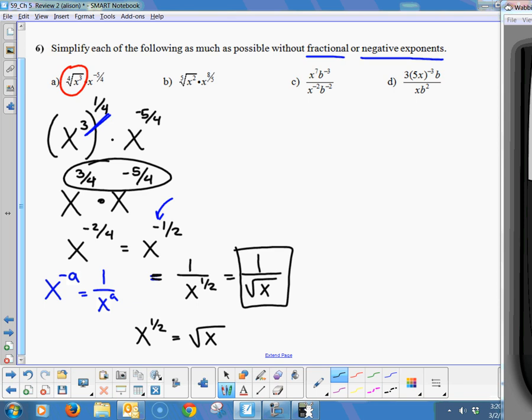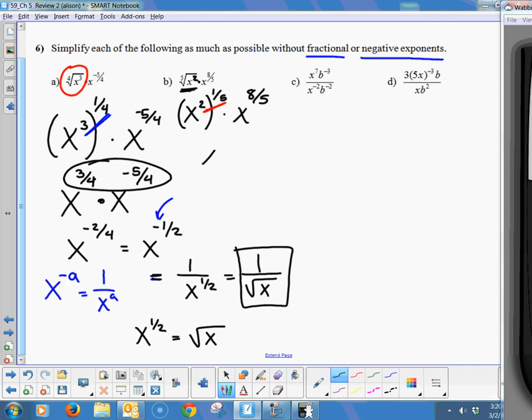Okay, the next one is not so bad. Here I have x to the 2nd, and to rewrite that 5th root, I'm going to raise it to the 1/5 times x to the 8/5. And again, just like in the first problem, when I have a power raised to a power, I can multiply them.